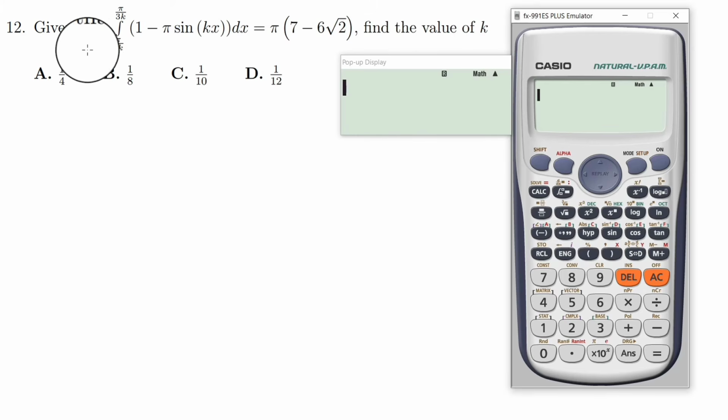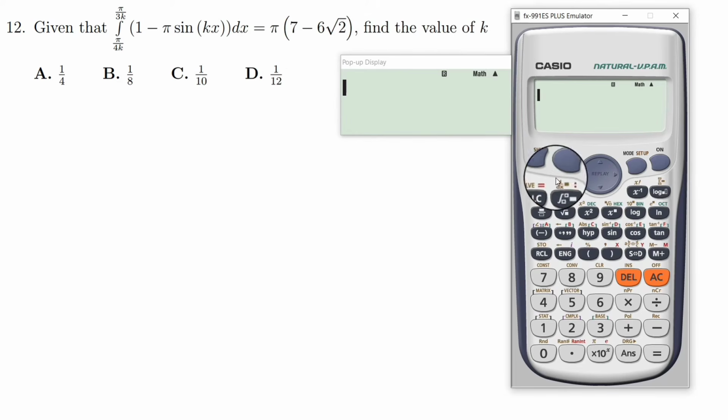In this question, they said given that the integral of 1 minus pi sine kx all dx, taking the lower limit to be pi over 4k, then taking the upper limit to be pi over 3k, is equal to pi open bracket 7 minus 6 root 2. So we have to find the value of k. Now for me to do this, my very first job is to calculate the numeric value of this.